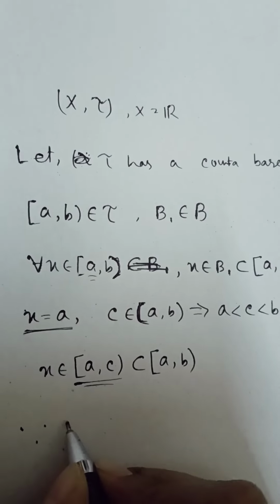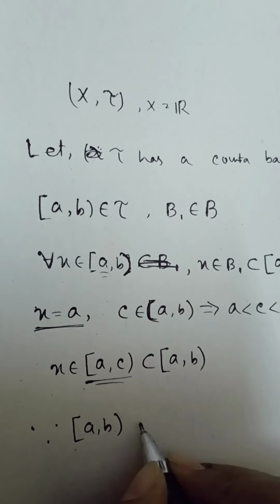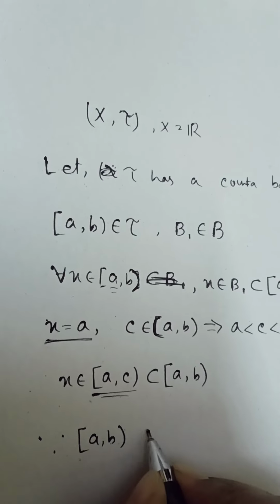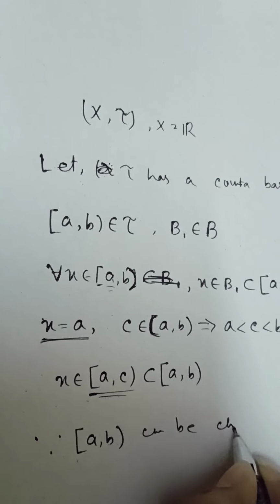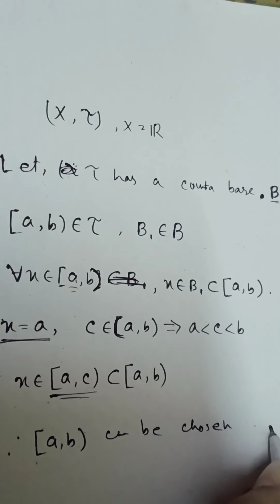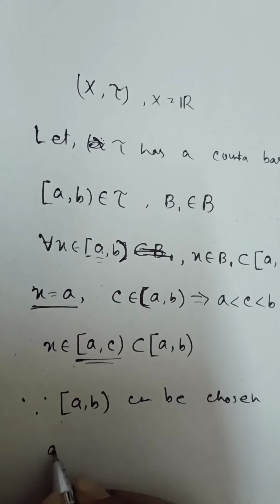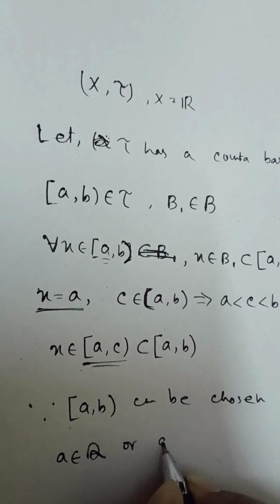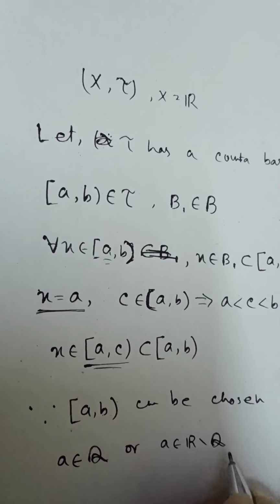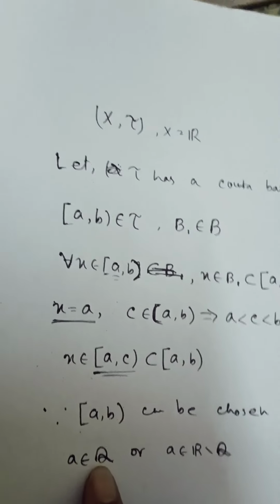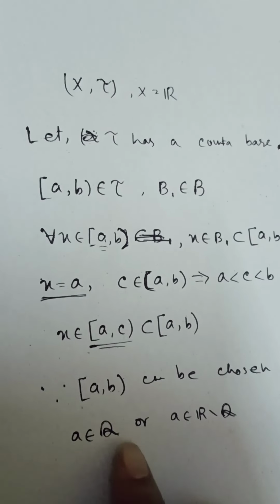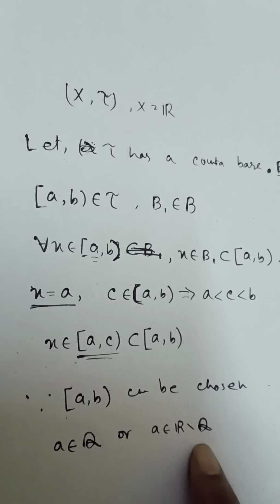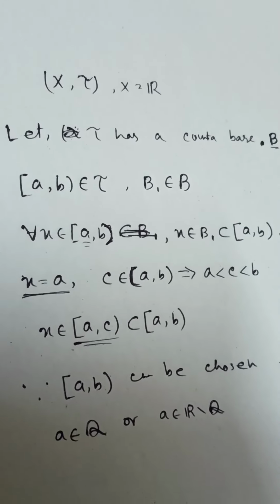Now since this interval [a, b) can be chosen in uncountably many ways. Why? Because a can be rational or irrational. So if a belongs to Q, then a can be chosen in countably many ways. But if a belongs to R minus Q, then a can be chosen in uncountably many ways.